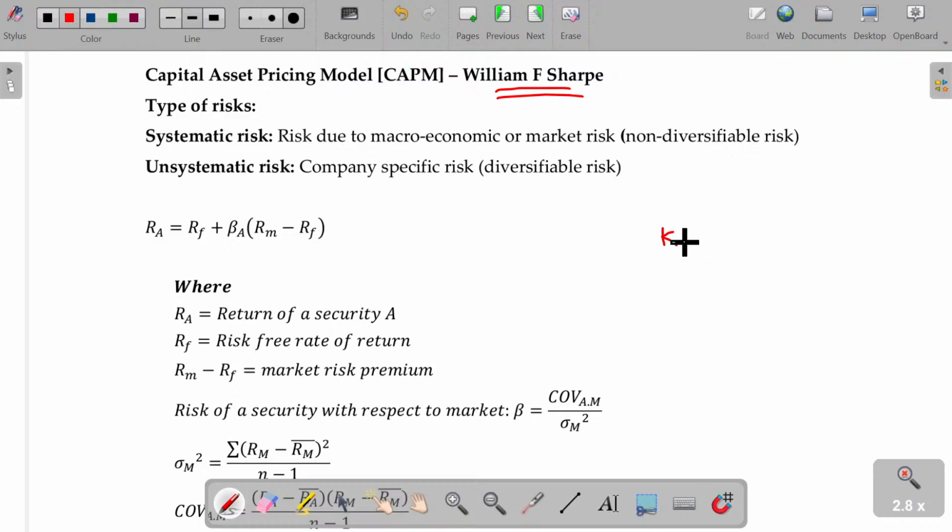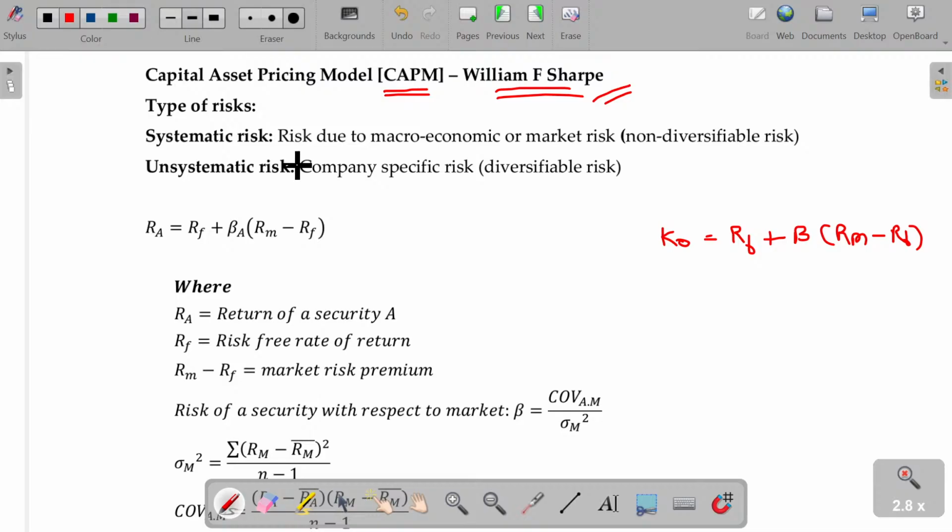Cost of overall capital or equity can be calculated how? Risk-free return plus beta into market return minus RF. This is the formula you might have studied in KE calculations. This KE calculation was propounded by William Sharpe. This is called the capital asset pricing model.